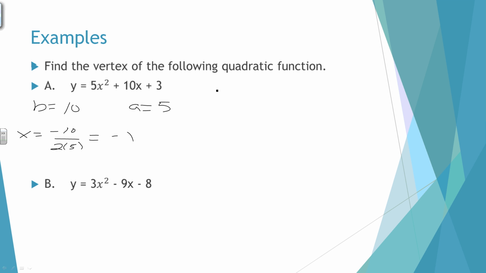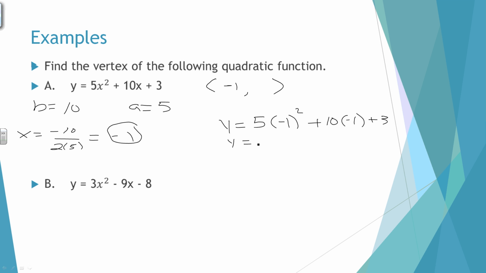Up here, I'm going to keep track. My ordered pair is going to have a negative 1 for an x. I'll find out what my y is in a second. I'm going to take that negative 1 and plug it back into the x's here to see what y equals. So this will be y equals 5 times negative 1 squared, meaning we square that negative 1 first, plus 10 times negative 1, plus 3.